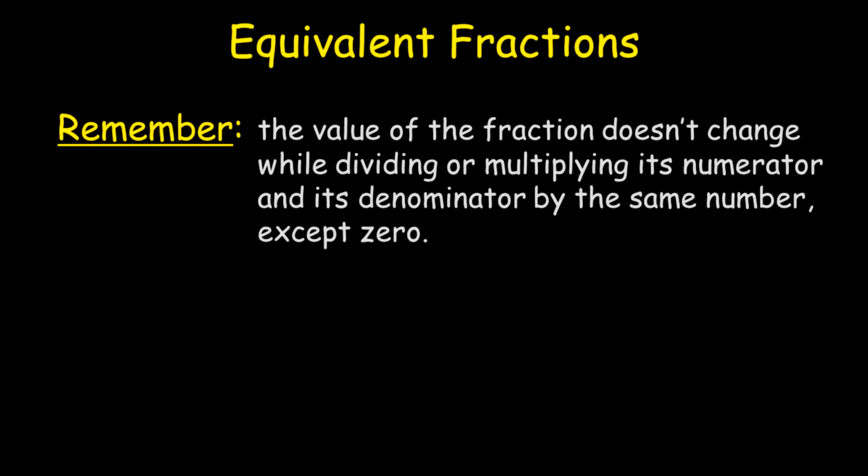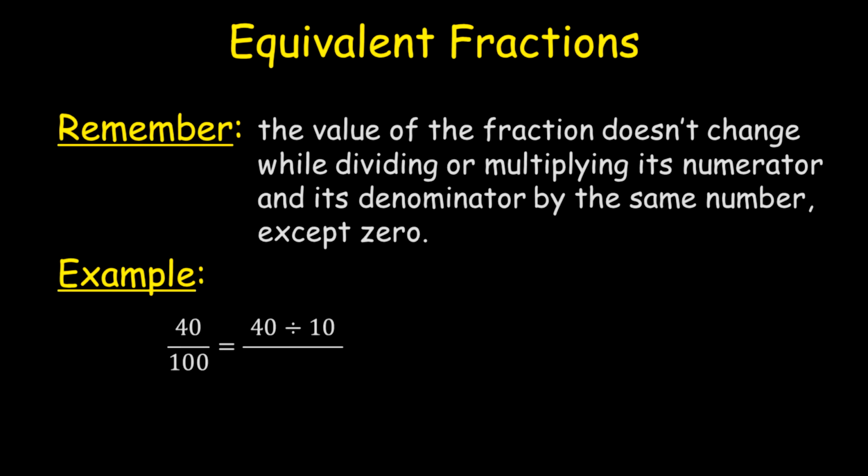Fractions received from the same fraction by dividing or multiplying its numerator and denominator by the same number are called equivalent fractions. For example, let's take 40 hundredths and divide its numerator and denominator by 10. 40 hundredths is equal to 40 divided by 10 in numerator and 100 divided by 10 in denominator. 40 divided by 10 is 4. 100 divided by 10 is 10.